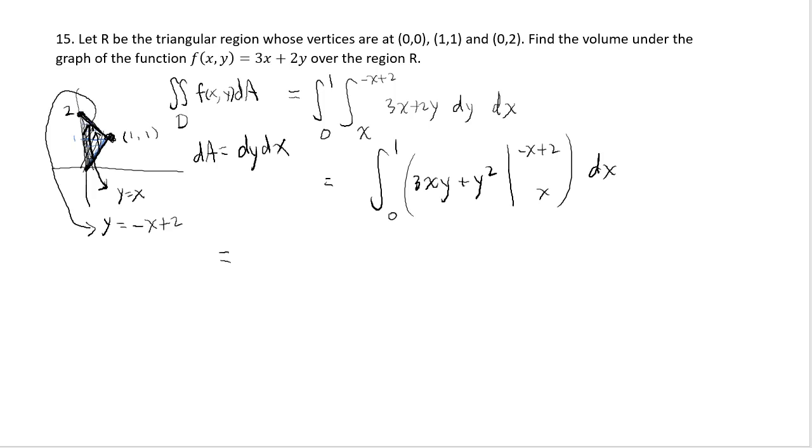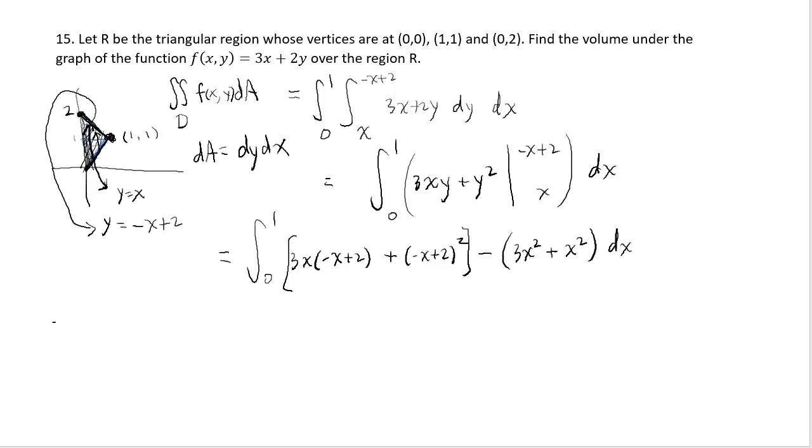So -x plus 2 plugged into each one of these, you get 3x, -x plus 2, plus negative x plus 2 squared minus, and then you plug in x into y, so it's 3x squared plus x squared. Okay, and we have to simplify this and integrate by 0 to 1.